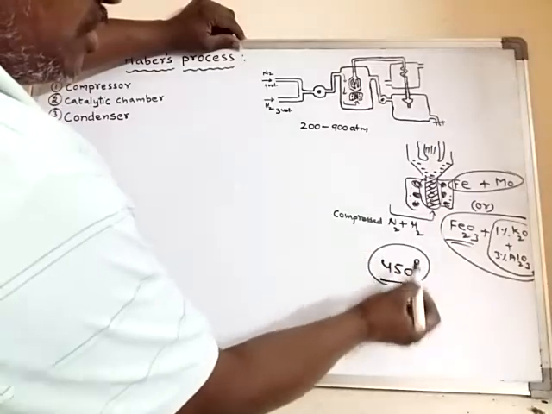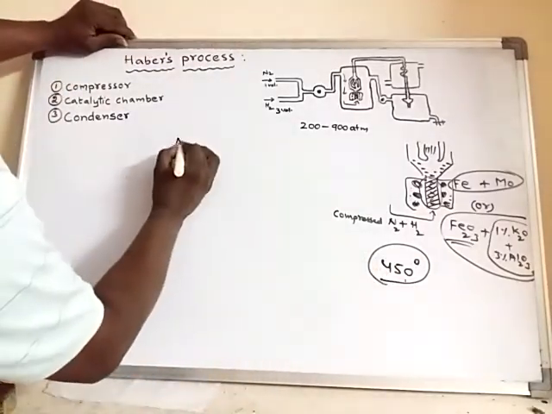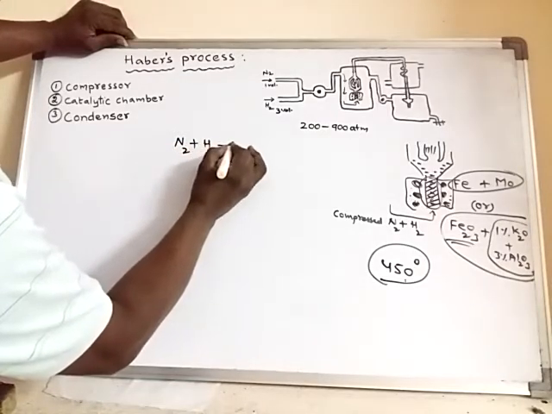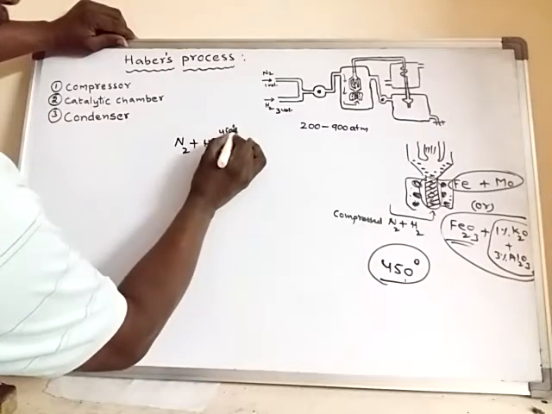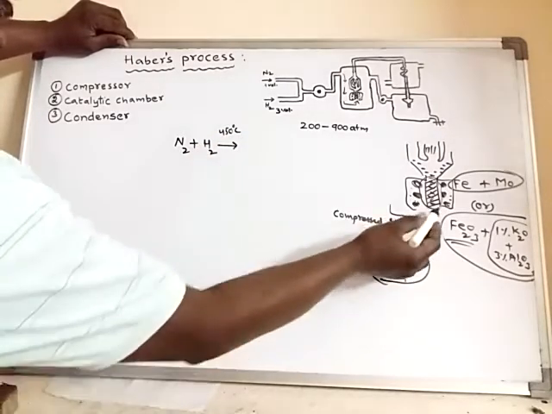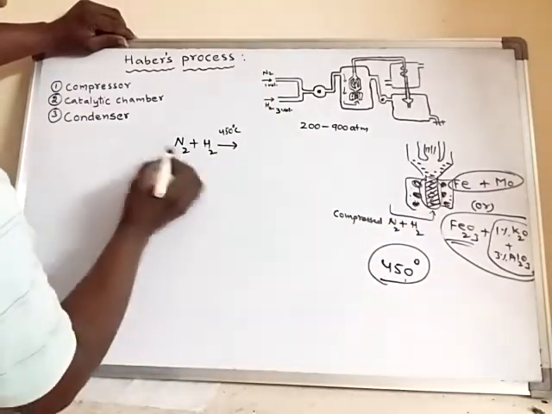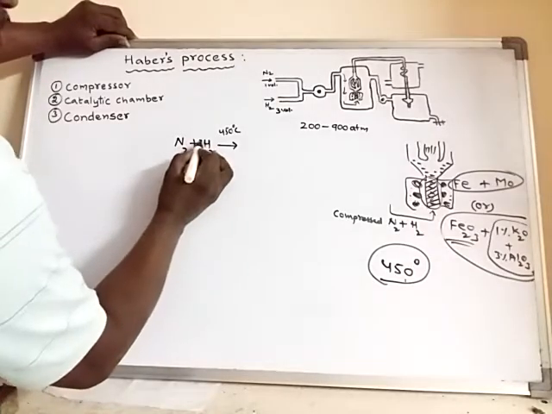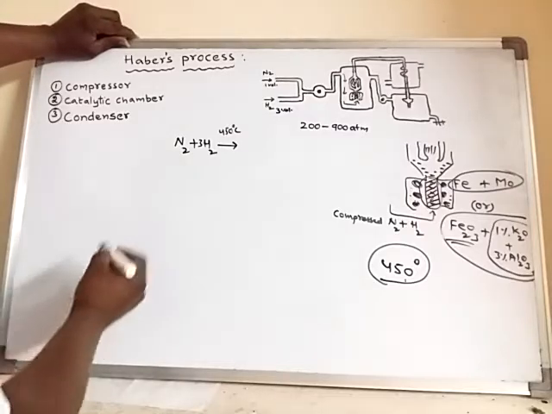At this temperature, when the nitrogen and hydrogen gas mixture enters, due to this temperature and the catalyst, the reaction takes place. It is already a compressed gas mixture, 1 part of nitrogen and 3 parts of hydrogen.